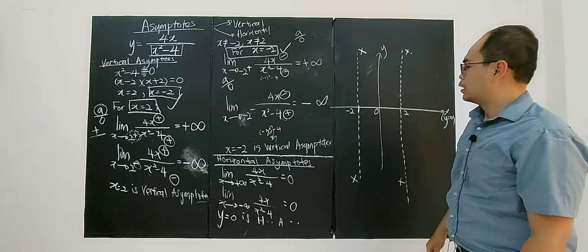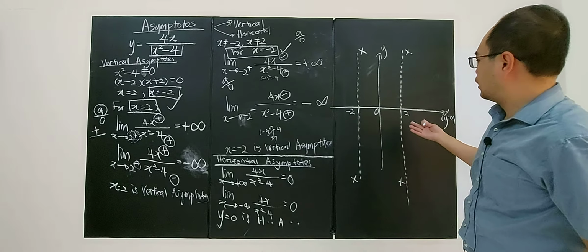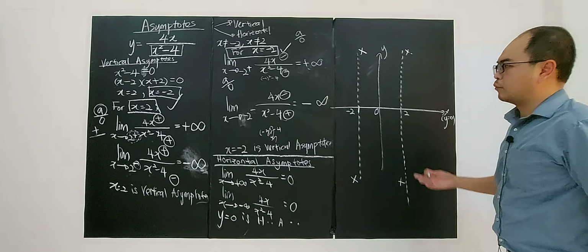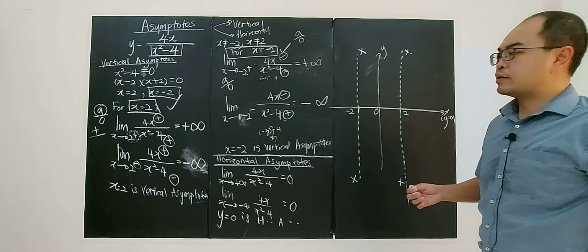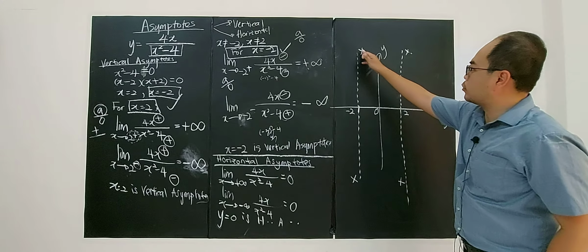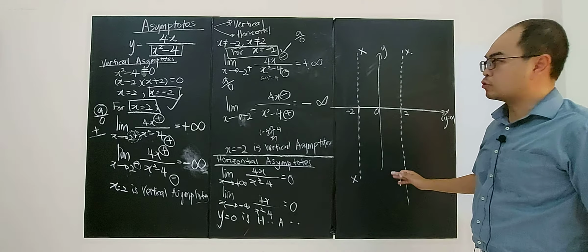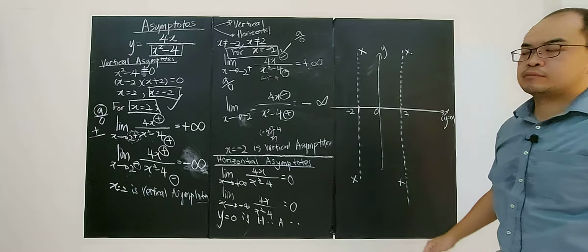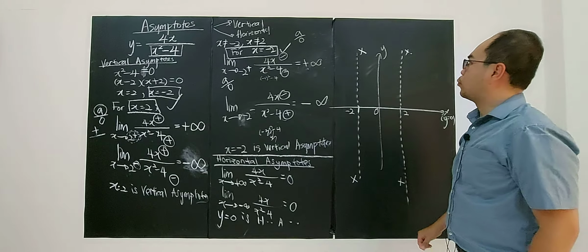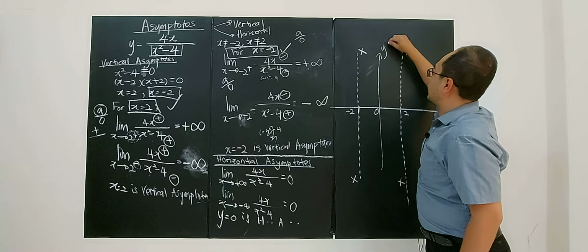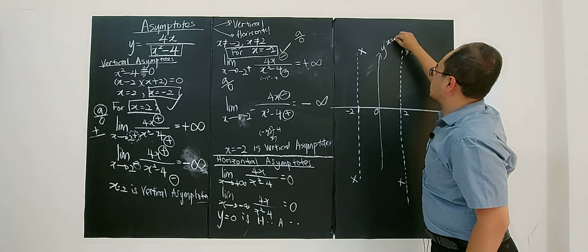Then later, I go for the horizontal asymptote. What should I do? You look at these two. How are we going to join these points? There must be a y-intercept here. For the y-intercept, x is 0.